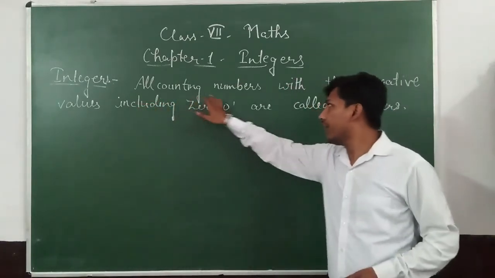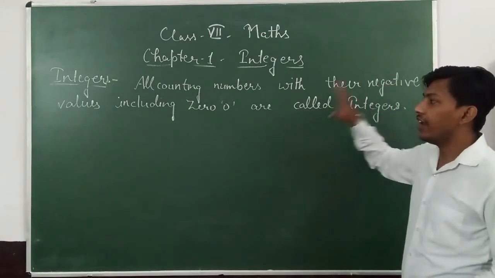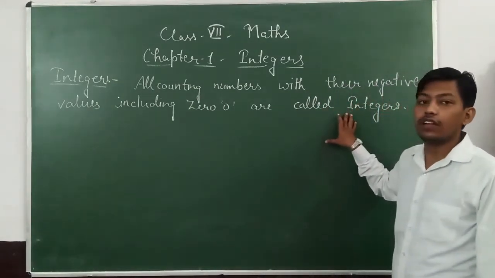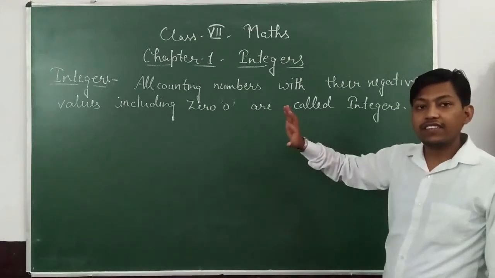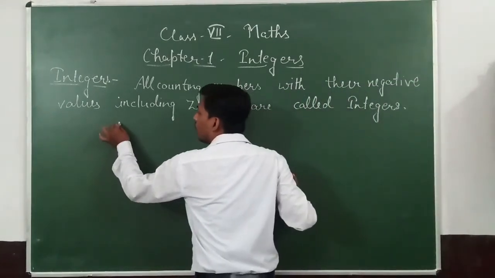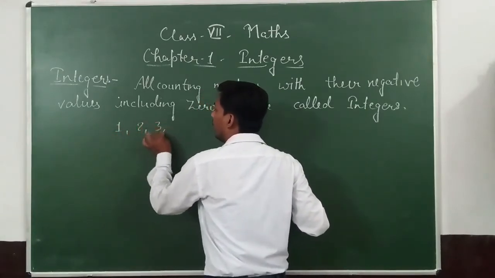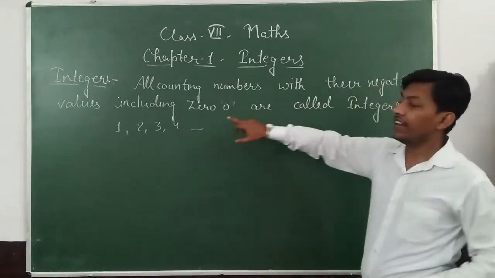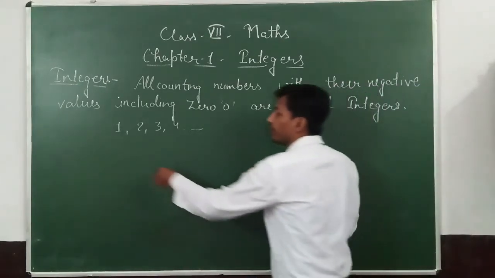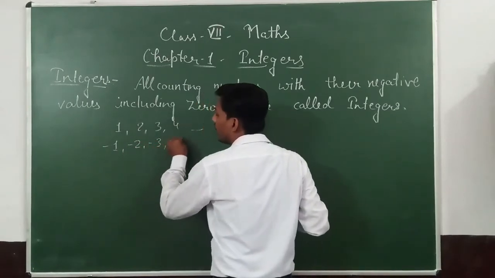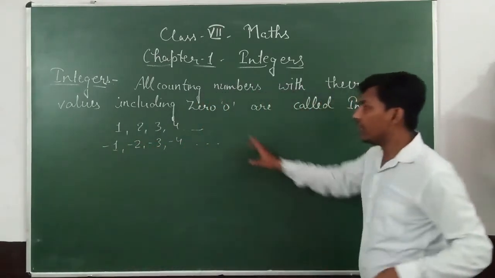Integers are all counting numbers with their negative values, including 0. Counting numbers means 1, 2, 3, 4 and so on, including their negatives. Their negatives mean -1, -2, -3, -4 and so on, with 0.